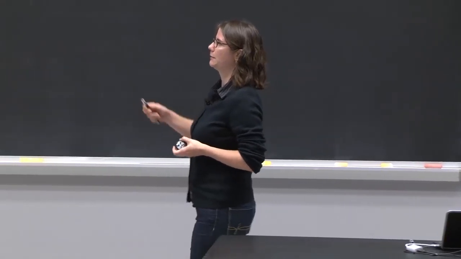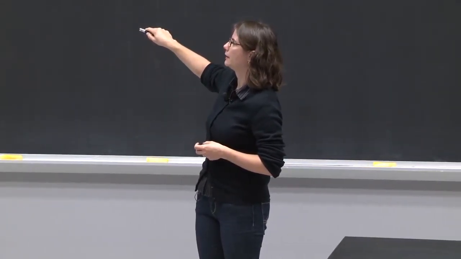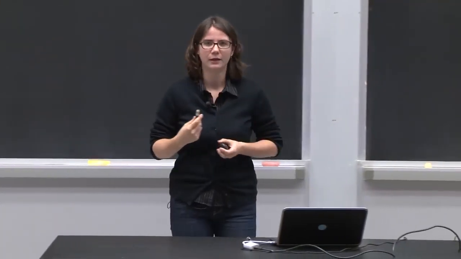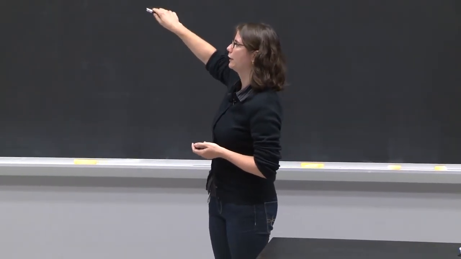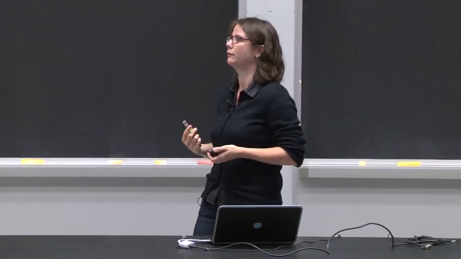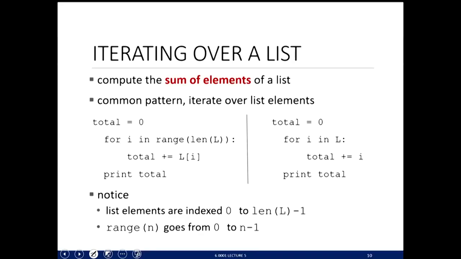I've said this a couple times before, but it'll make your life a lot easier if, when you want to iterate through a list, you think about iterating through the elements directly. It's a lot more Pythonic. I've used that word before. This is a common pattern that you're going to see where you're iterating over the list elements directly. We've done it over tuples. We've done it over strings. These are identical codes.